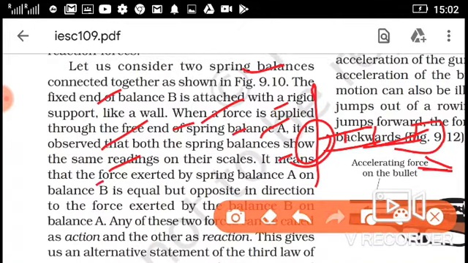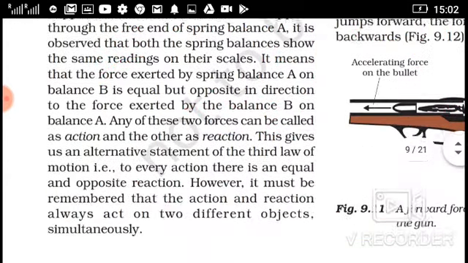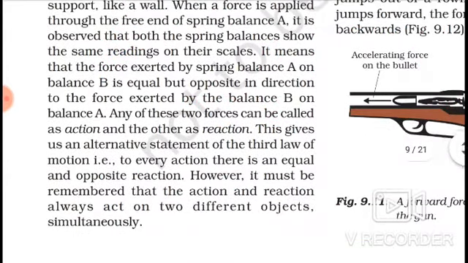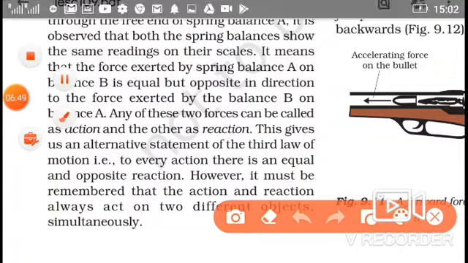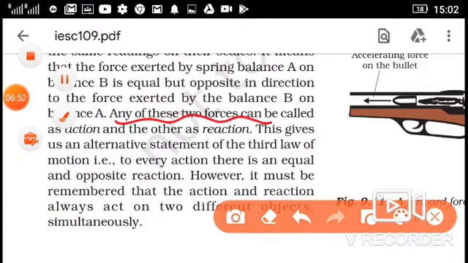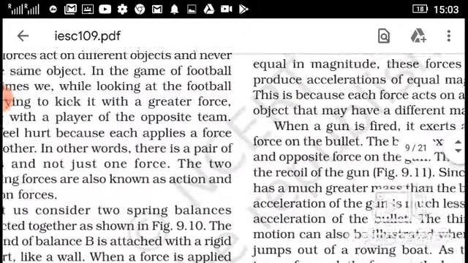It means that the force exerted by spring balance A on balance B is equal but opposite in direction to the force exerted by balance B on balance A. Any of these two forces can be called action or reaction. This gives the third law of motion.